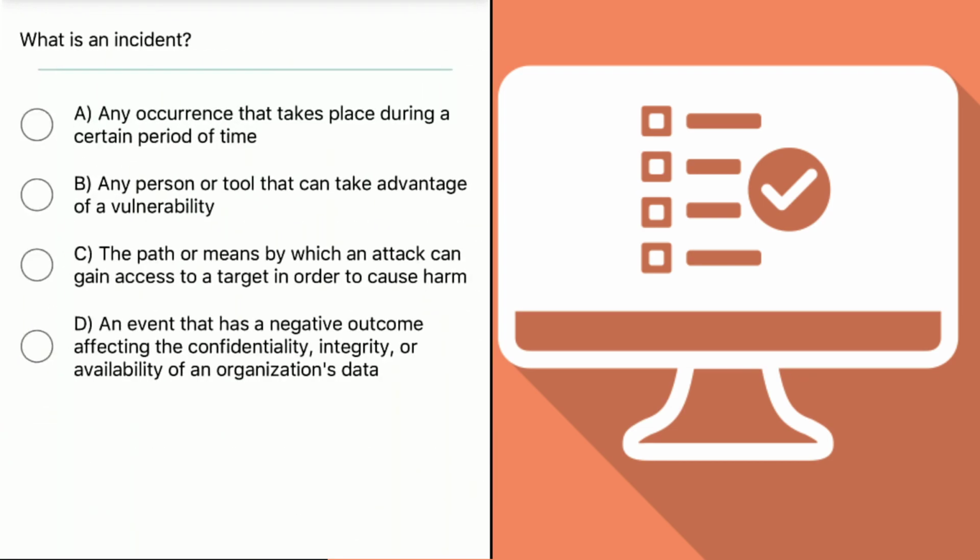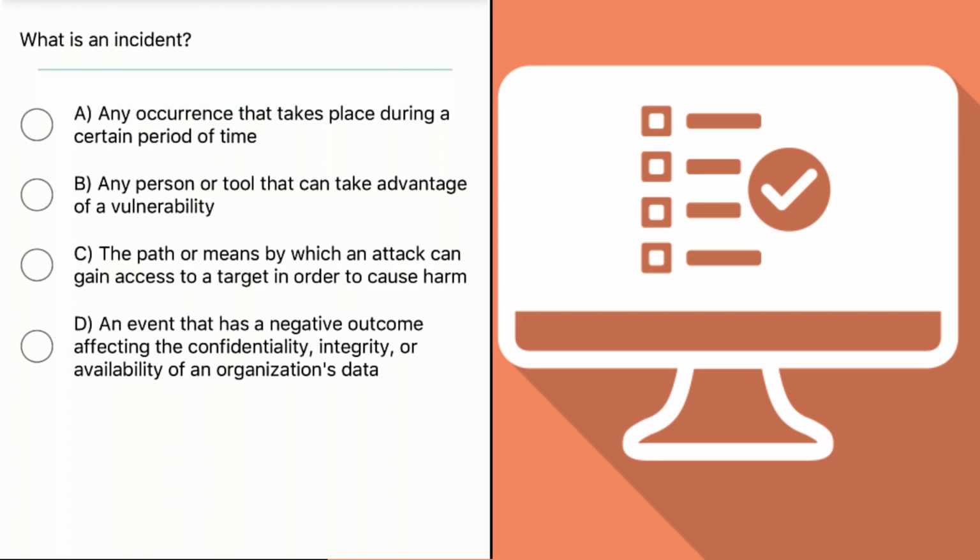Alright, next question. What is an incident? A, an occurrence that takes place during a certain period of time. B, any person or tools that can take advantage of a vulnerability. C, the path or means by which an attack can gain access to the target in order to cause harm. D, an event that has a negative outcome affecting the confidentiality, integrity, or availability of an organization's data.